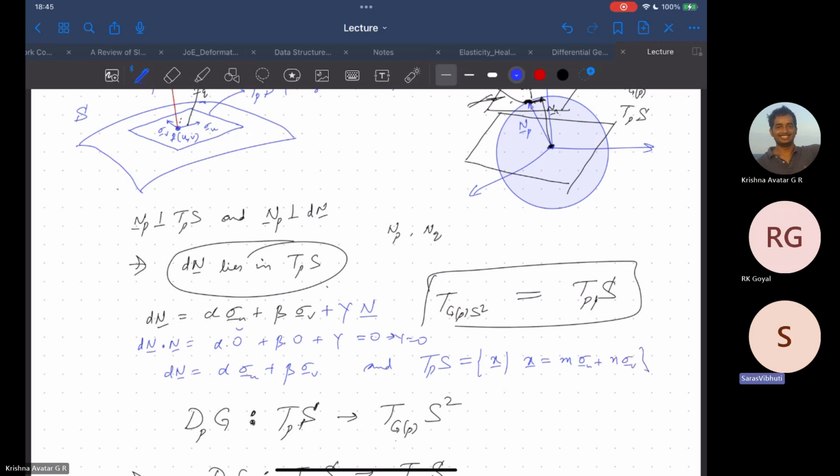But you see that they are the same thing. So which means that the dn vector lies in T_P S, right? That is what we mean here. So that was the whole goal too.